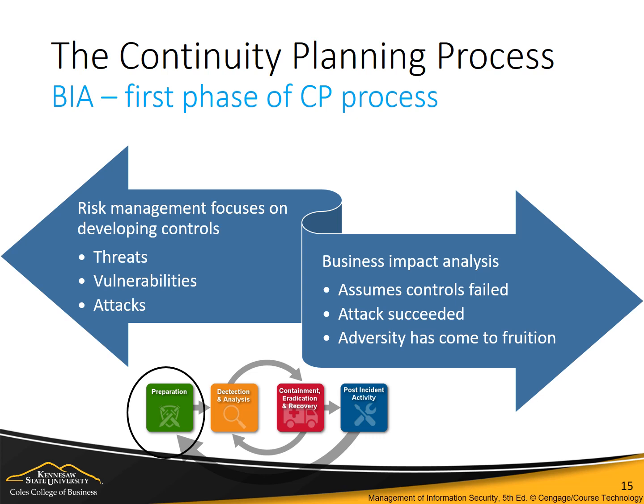In contrast, the business impact analysis assumes that these controls have been bypassed, have failed, or have otherwise proved ineffective, that the attack has succeeded, and that the adversity that was being defended against has come to fruition.